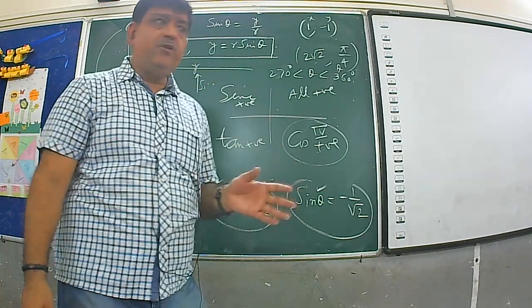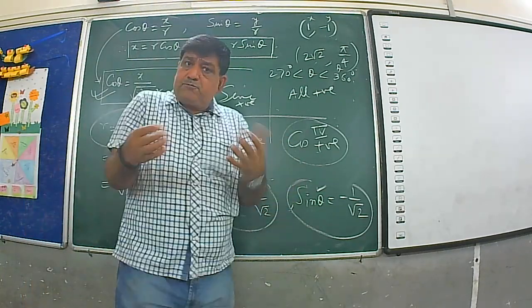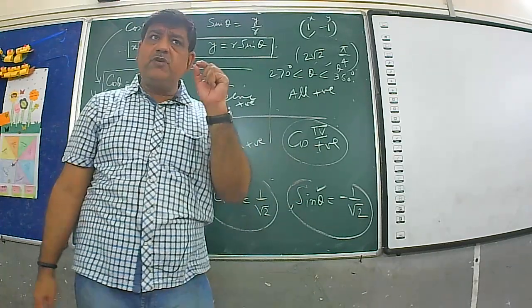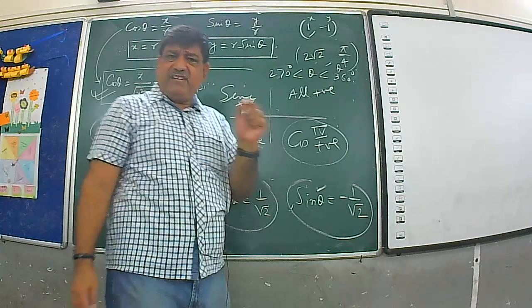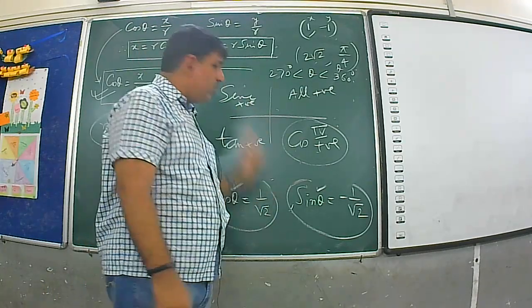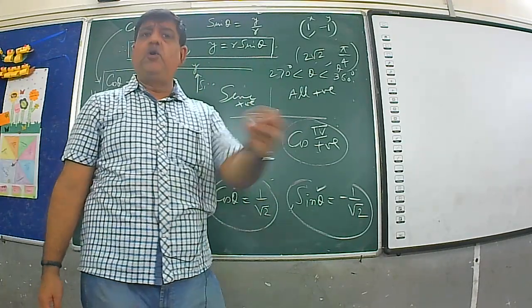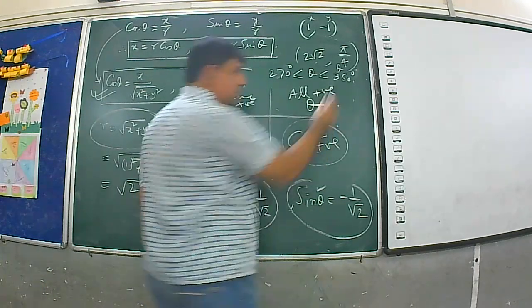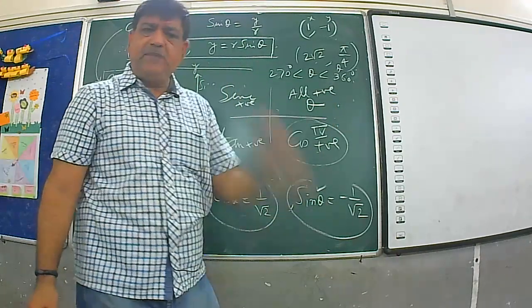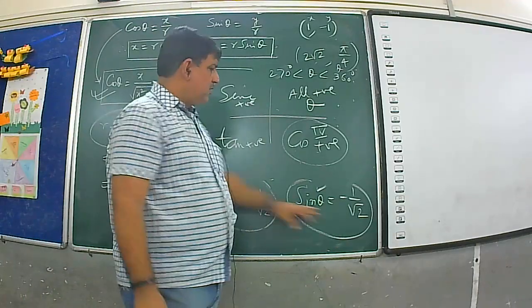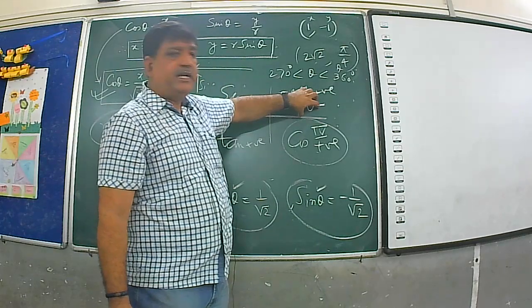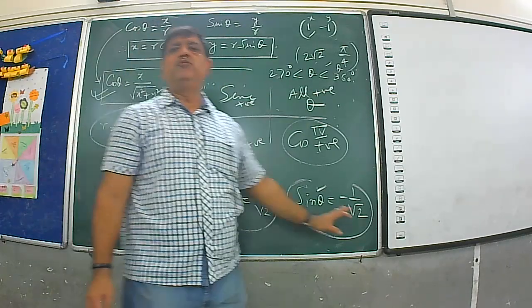Now how to adjust our theta in the fourth quadrant? This will give you a lot of problems, but to overcome this problem, if you keep in mind a general rule to find the value of theta, your problem becomes easier. Remember it. If it lies in the first quadrant, you should write simply theta. If both values are positive, then it lies in the first quadrant, you have to write the particular value of theta.